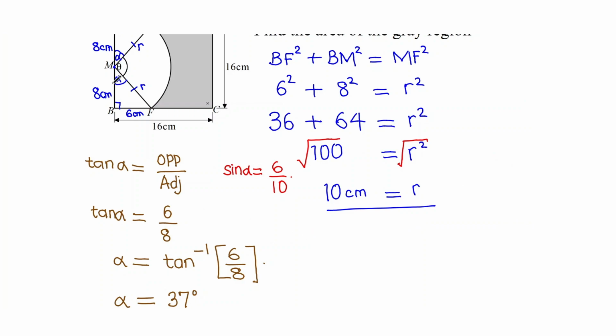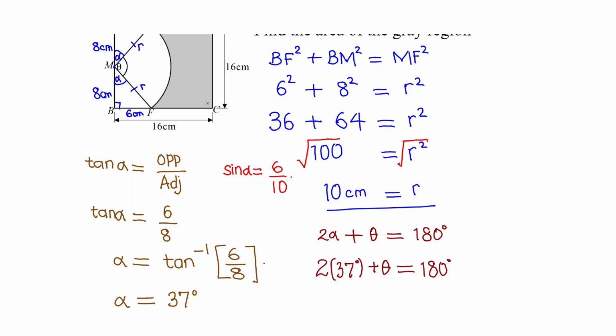Therefore, since these are 2, we simply multiply them and say 2 alpha plus theta must give us 180. So we can replace alpha by what we have just gotten here, and that is 37 degrees, plus our theta must give us 180 degrees.